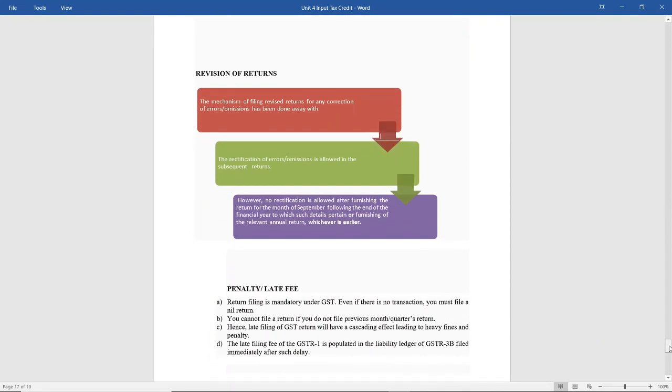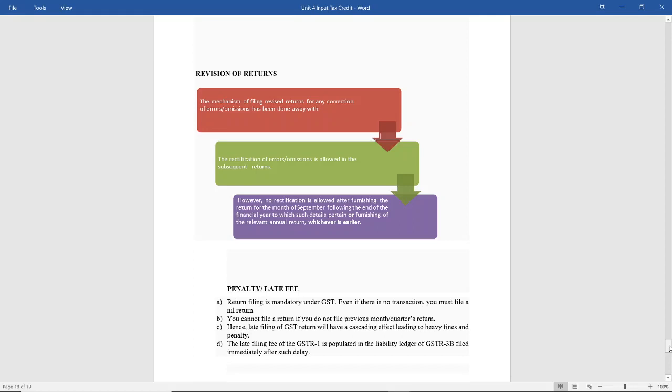Now revision of returns. Suppose once I filed a return, I filed GSTR1. Now, do I have an option of revising that return? Suppose I made any mistake, omission, something I forgot to write in the return or something I have done wrong in the return, can I revise that return? Suppose I'm filing August month's return and I make a mistake. Can I revise the return?